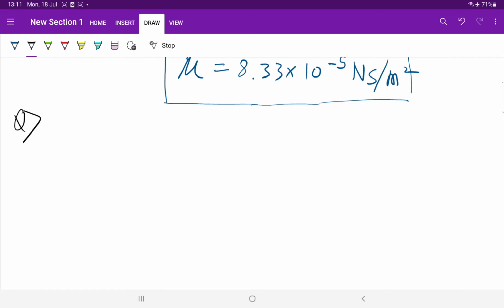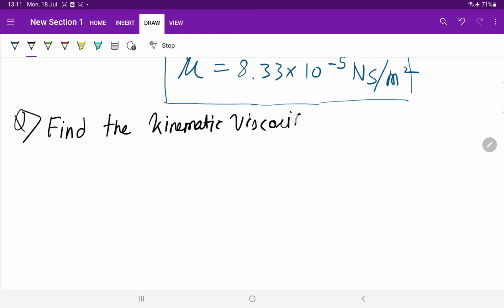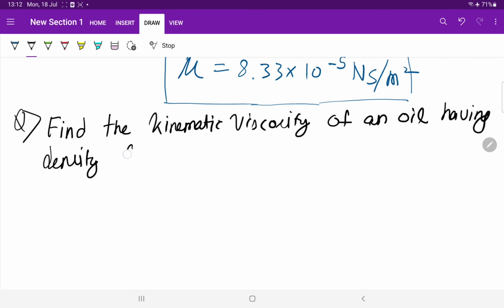Now the next question is of kinematic viscosity, which means nu will come. This type of question is also very important. Find the kinematic viscosity of an oil having density 981 kg per meter cube.